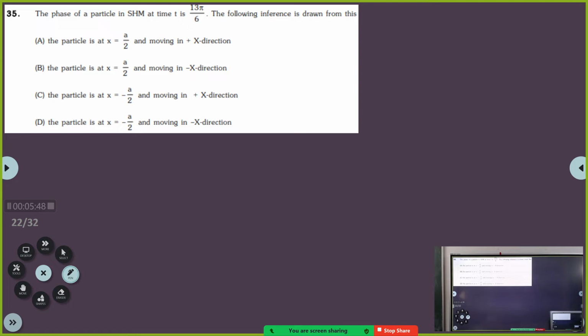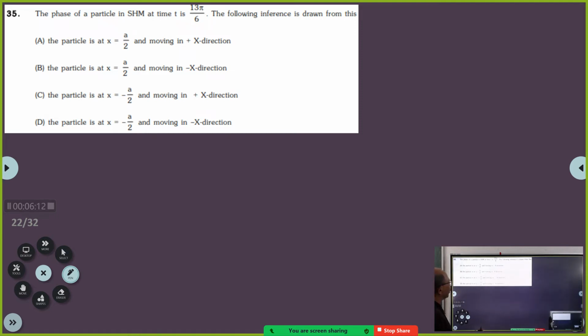What is the option? Yes. Option A is. All of you are getting option A. That is the problem. Option A. Only 2 students said A, others did not say so.